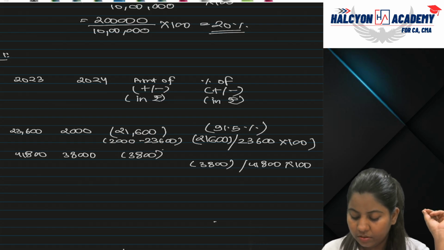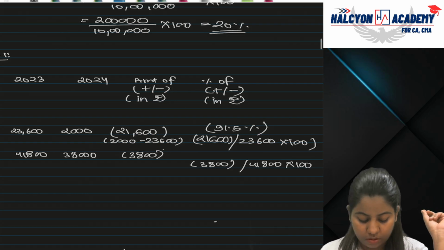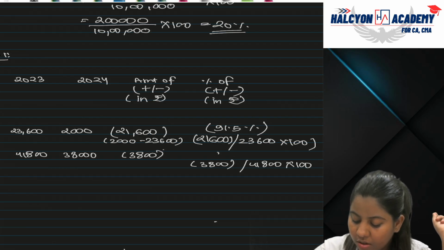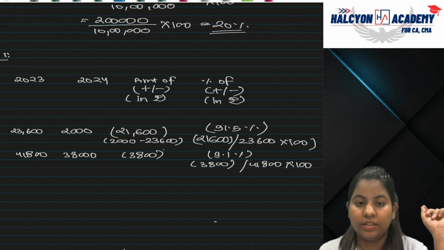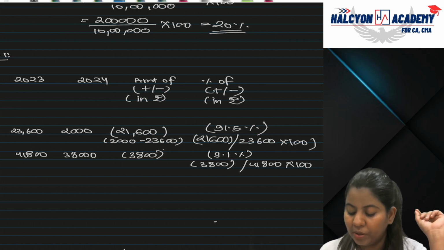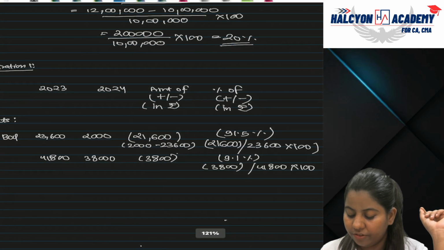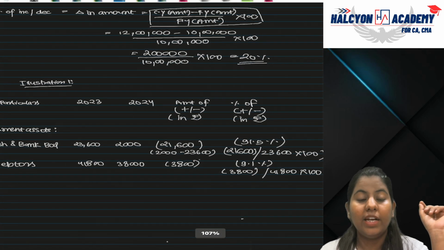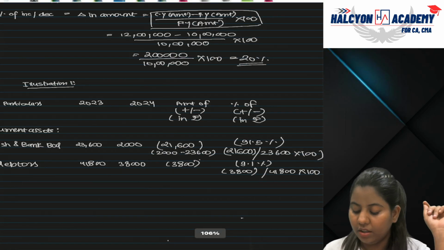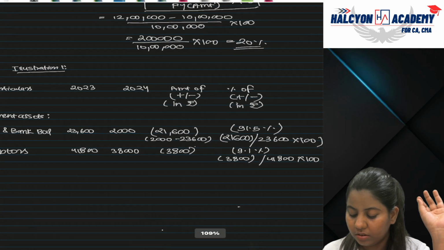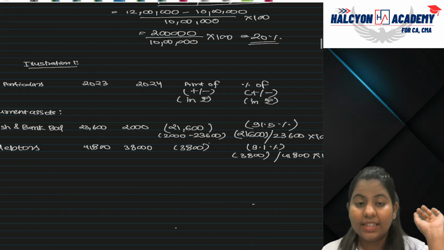Please tell me. The answer will be negative. It will be 9.1% in negative. So debtors is decreased by 9.1% in current year. I hope it is clear.